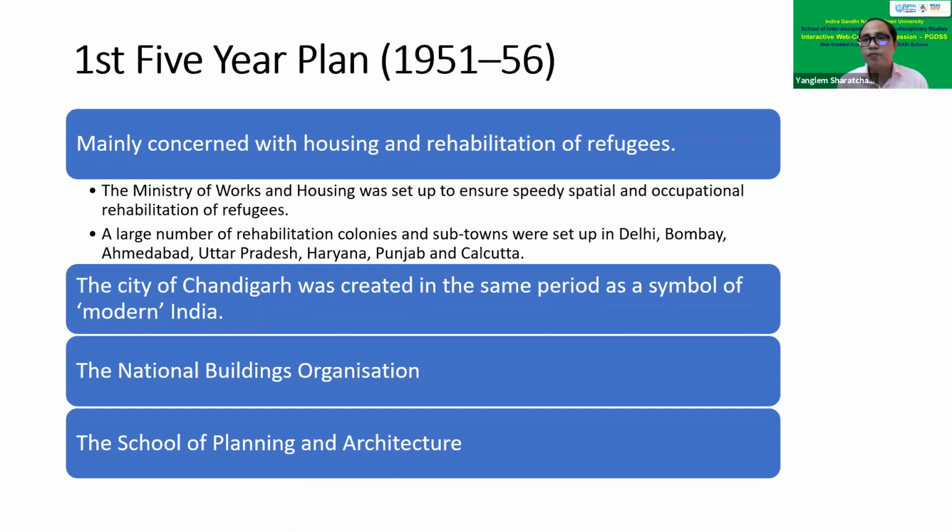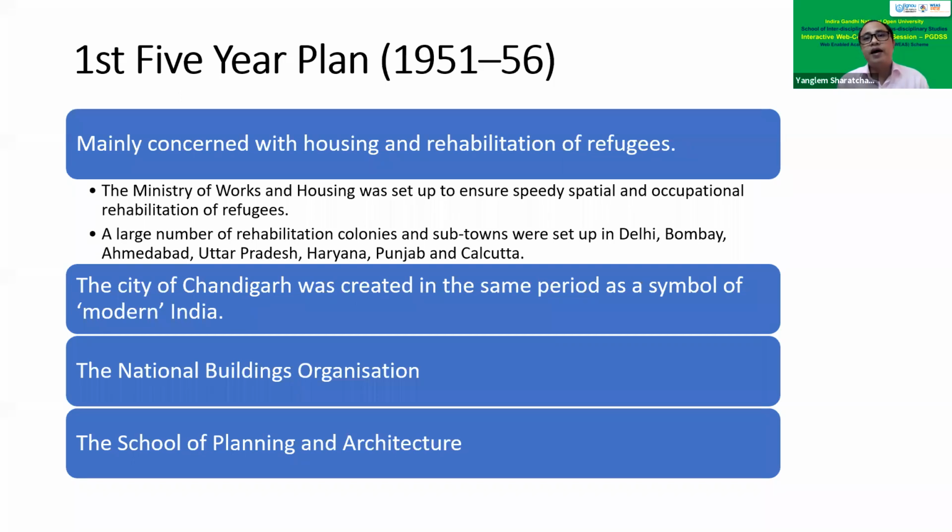In the first 5-year plan, as you know, our concern about urbanization was because of the impact of the immediate post-independence partition issues.